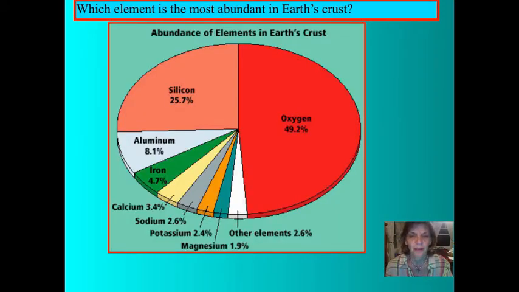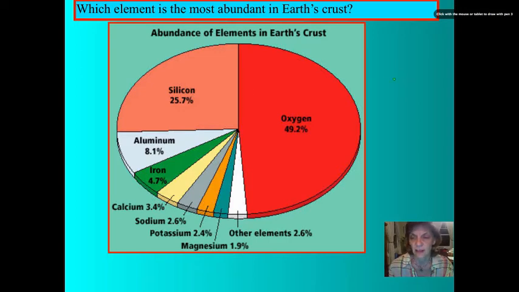Just in terms of what we normally see around us, if you think about what makes up the earth, silicon and oxygen make up most of what we encounter every day.